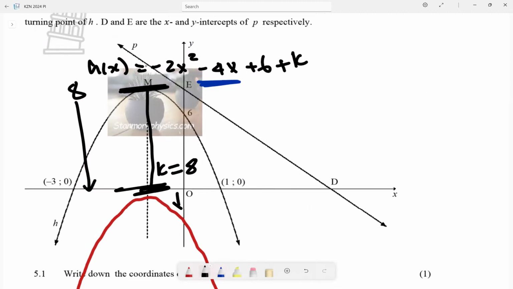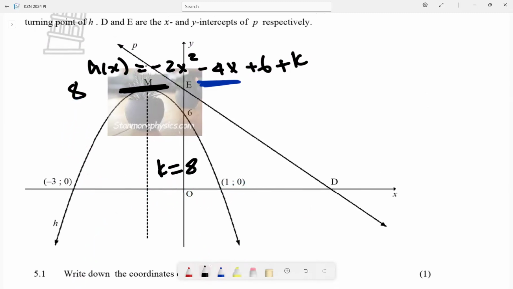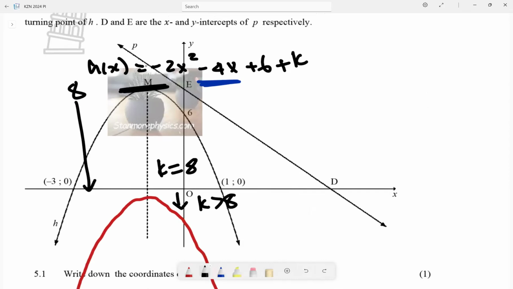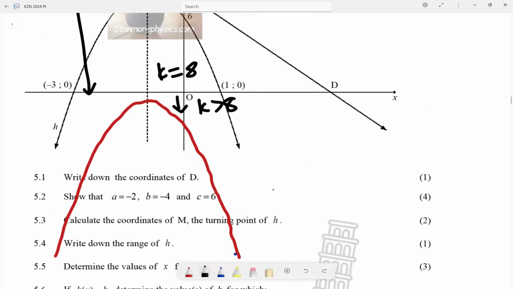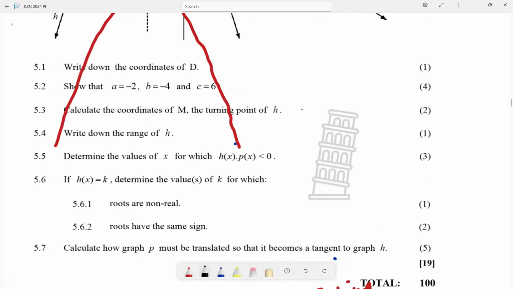But if I move a little bit, k should be greater than 8, meaning 9 units or 10 units, however, as long as it is greater than 8. I believe you are following that. We are saying k should be greater than 8.